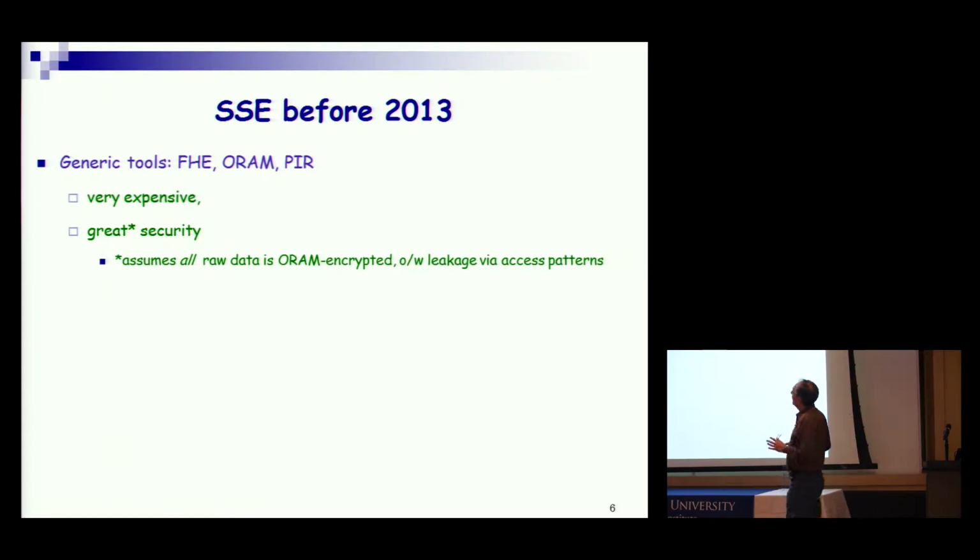So before that, what we had basically is, of course, on one hand, these very secure but very heavy tools like FHE or ORAM, very expensive in practice, but great security. By the way, when I say great security, it is assuming that you apply the FHE or the ORAM to the whole bulk data, because otherwise you go back.